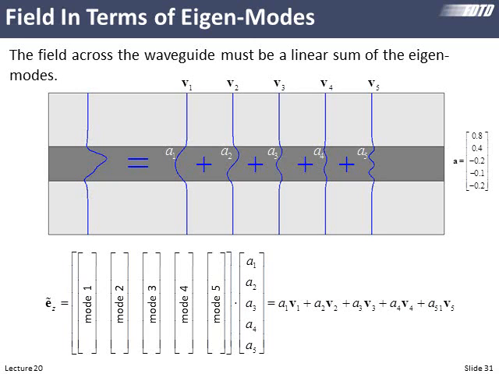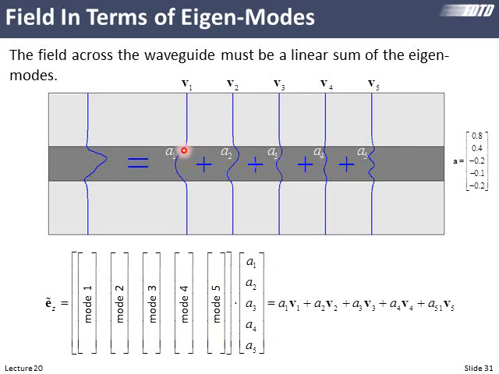So, we can calculate all of the modes in our guide using that eigenvalue problem. We can run our finite difference time domain simulation and calculate the field in the cross section, which could look crazy. Well, no matter what this looks like, it has to be some linear combination of these eigenmodes.